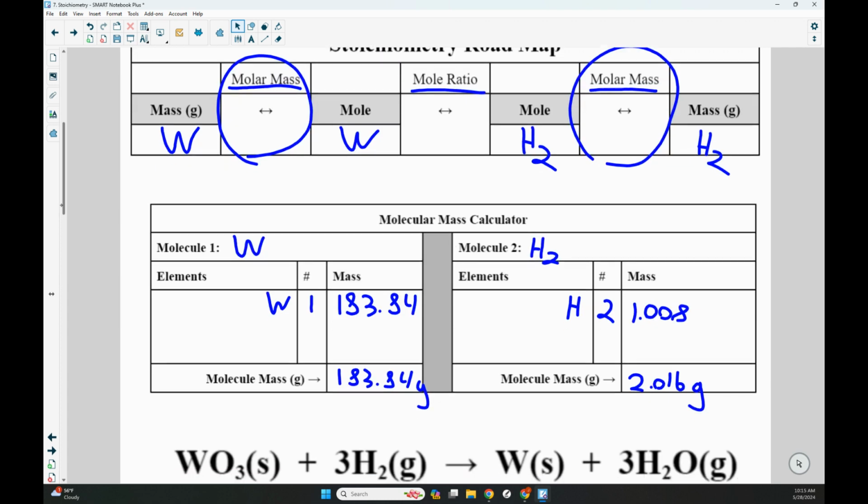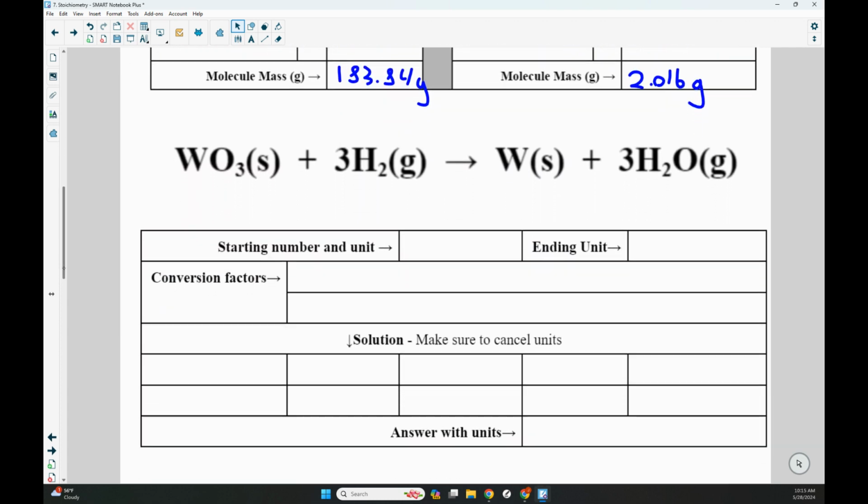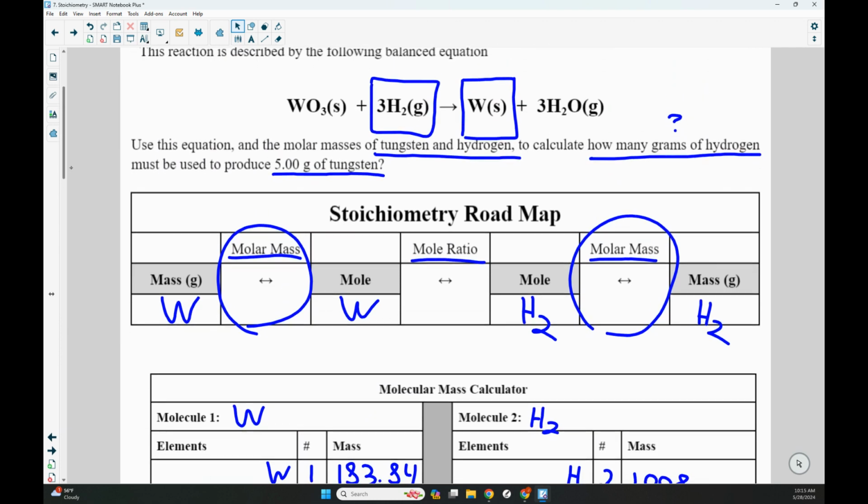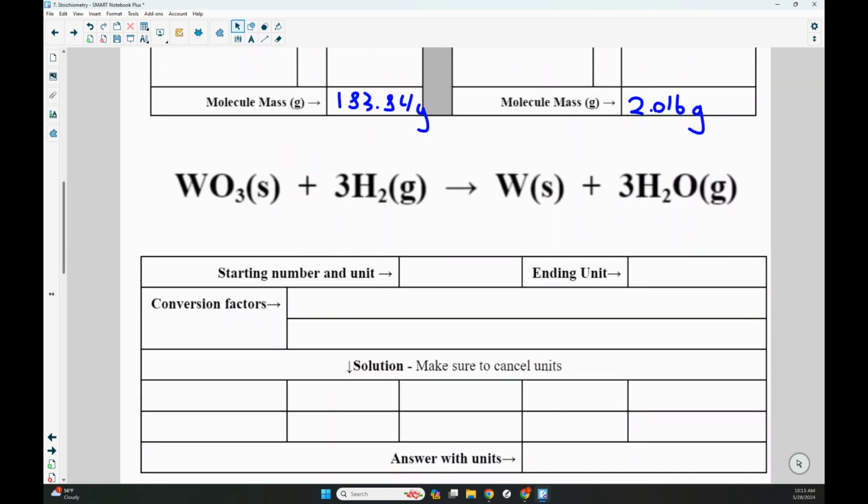So let's get into our actual train tracks now. So we're starting with 5 grams of tungsten. Real important to label the elements in these problems and the compounds. And we're trying to convert to grams of H2.